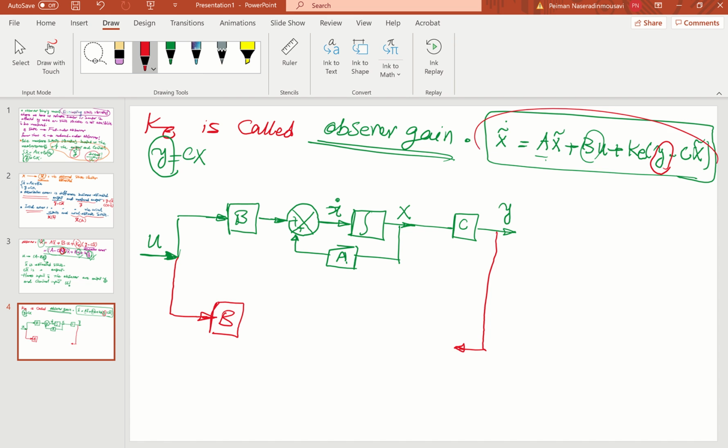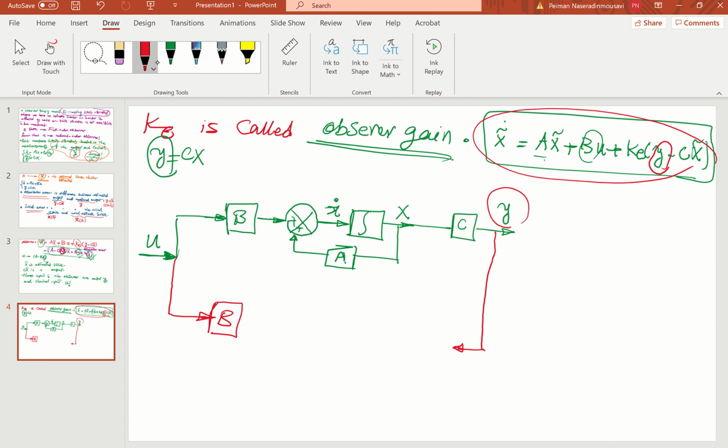Now the other branch goes here, again multiplied by B. Now I'm writing this equation. So B again goes and is summed again, so BU. Plus this term, I want to just generate this term. It's very easy: KE, the observer gain, multiplied by y minus Cx.